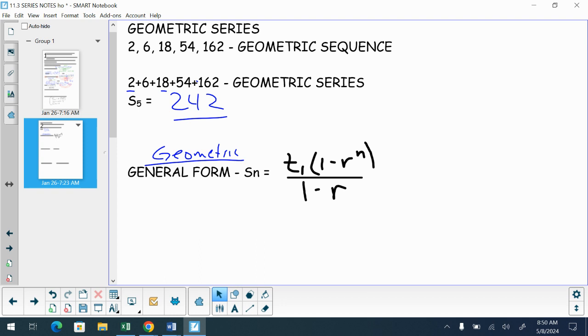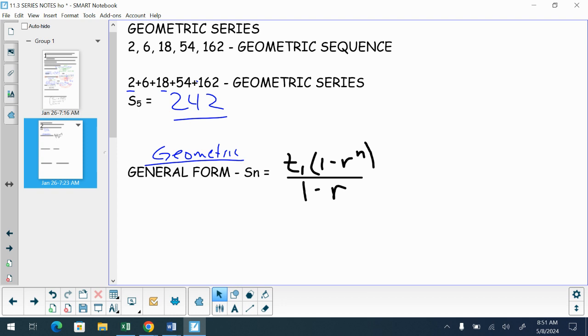The nice thing about geometric series is you don't have to know what the last term is. We have our first term times 1 minus r to the nth power. So you need to know your ratio, but you don't have to know that last term. You take r to the n power, however many terms you're dealing with, and divide that by 1 minus your ratio.